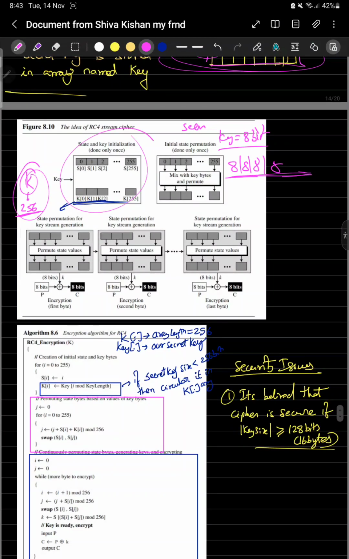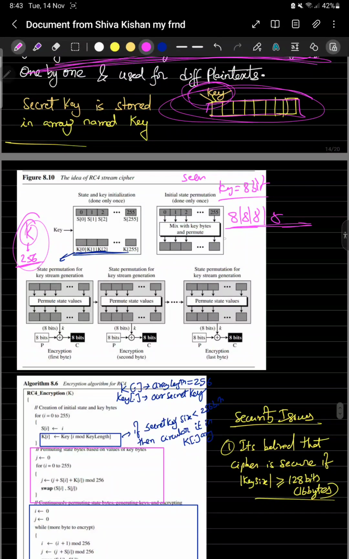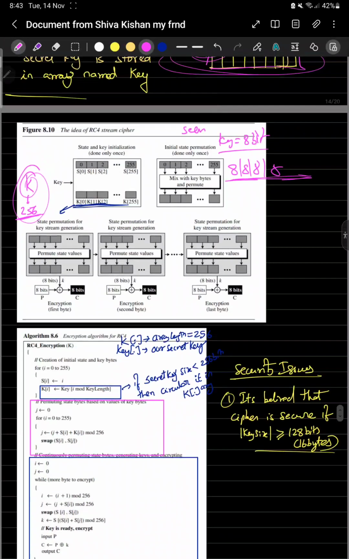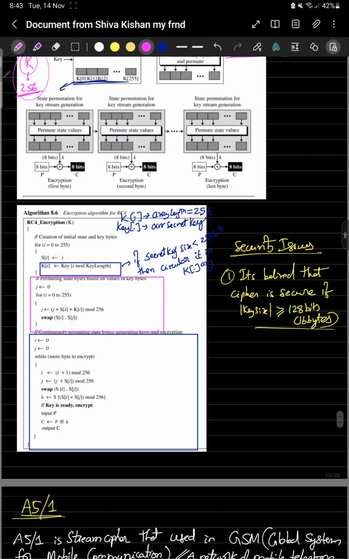So this is the state initialization, and it is done only once. After that, using this state, we will permute the keys and we will get one state. After that, with the state, we will do some more steps. I will tell about these things very slowly. Listen. So here this is our encryption. First this is initialization. It says to initialize S of I with the value I only.